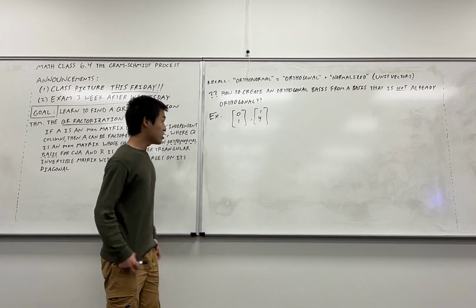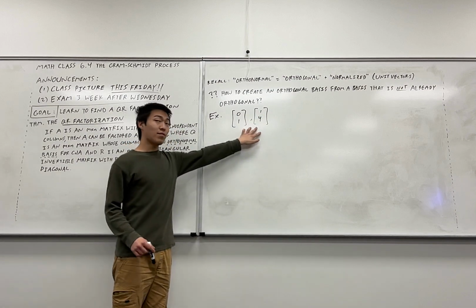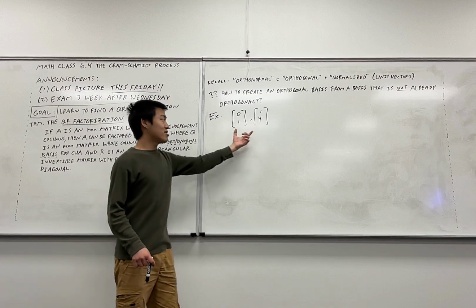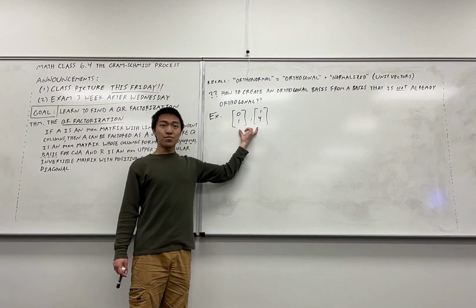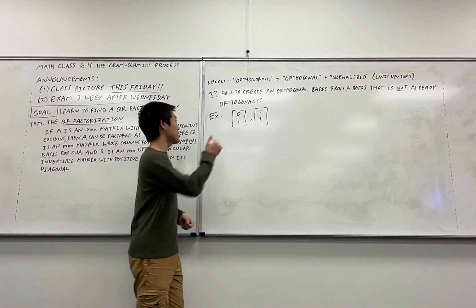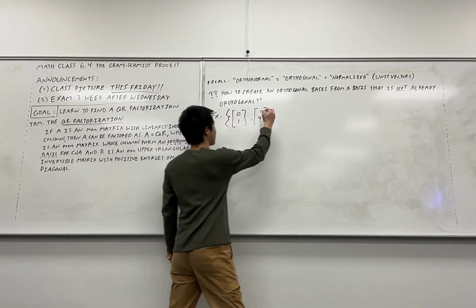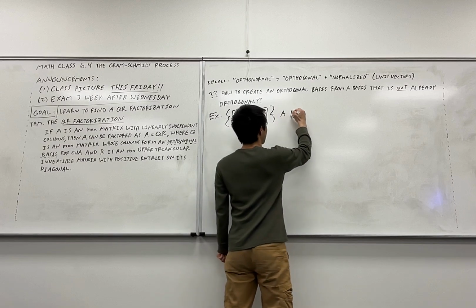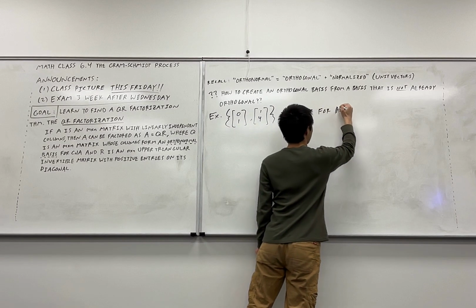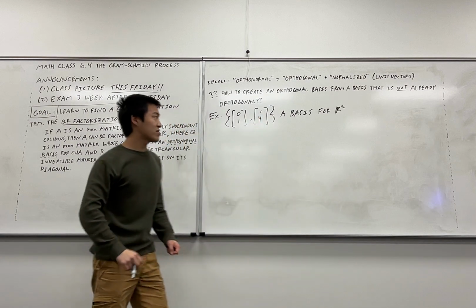So these are linearly independent of each other. And since they're independent, do they span R2? Yeah. So this already is a basis for R2. We talked a lot about that in the previous unit.